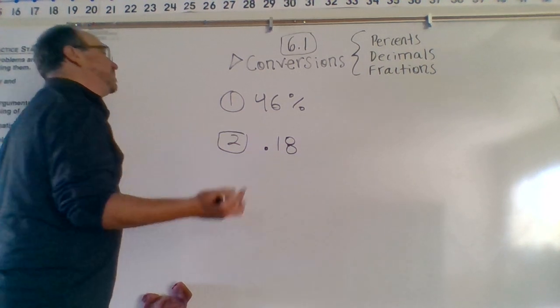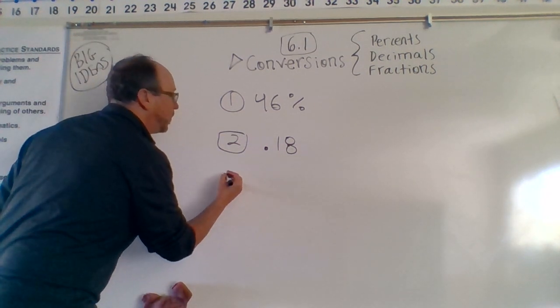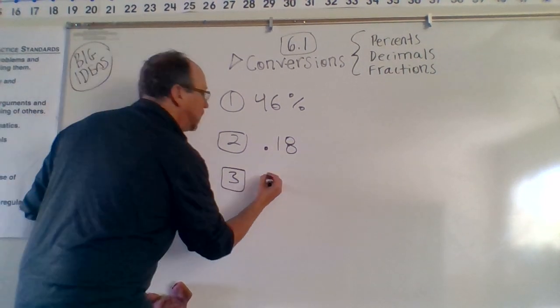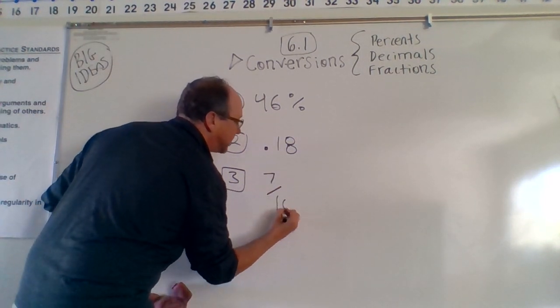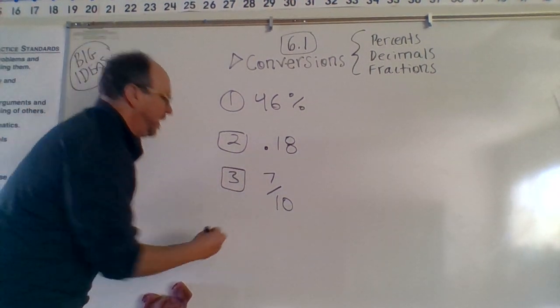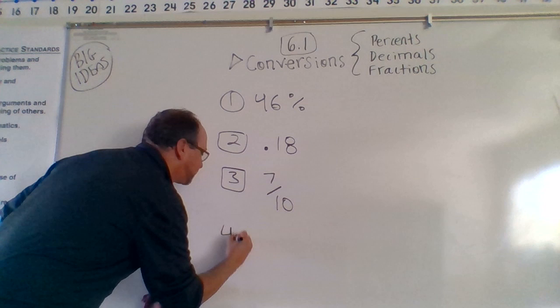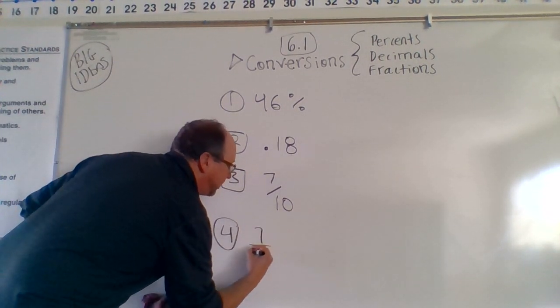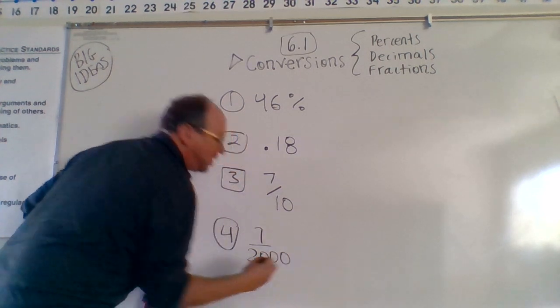Put it into a percent and a fraction in simplest form. We will do 7 tenths. Put it into a percentage and a decimal. And then the last one will be 7 2/1000ths.